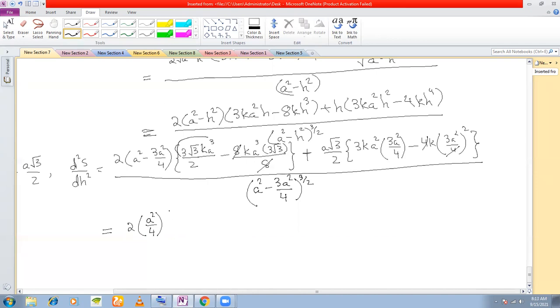See, you have a 3 root 3 a cube here, right? And how much do you have here? 3 root 3 k a cube. Numerator is the same, only difference is the denominator. So if you take the LCM, you will get 4 into 3 root 3 k a cube minus 3 root 3 k a cube, right? This is what you are going to get.